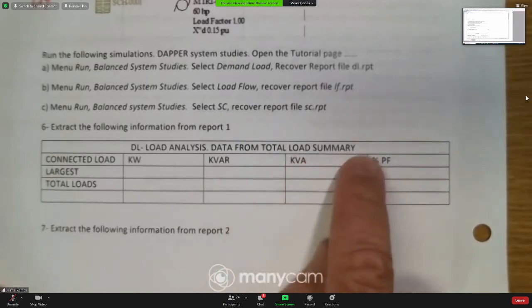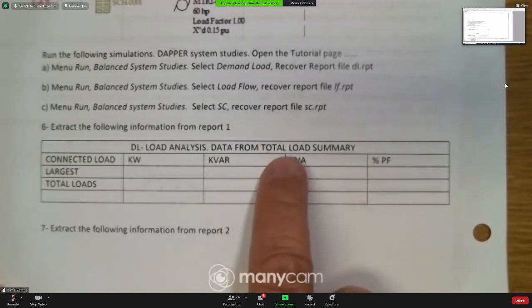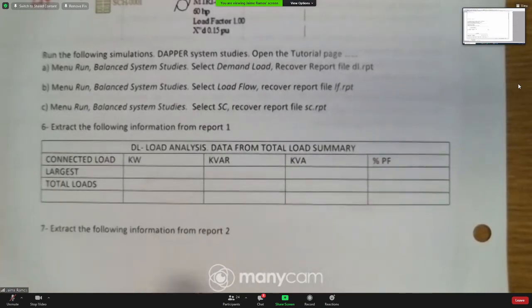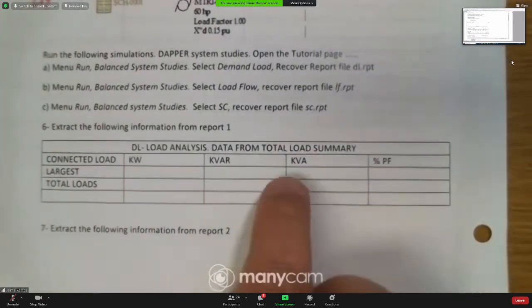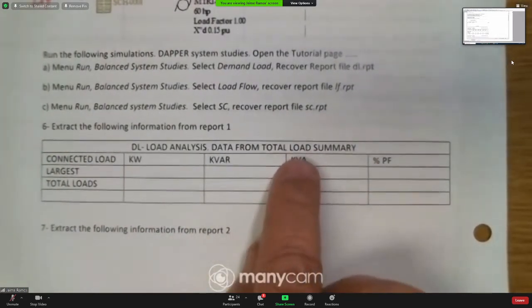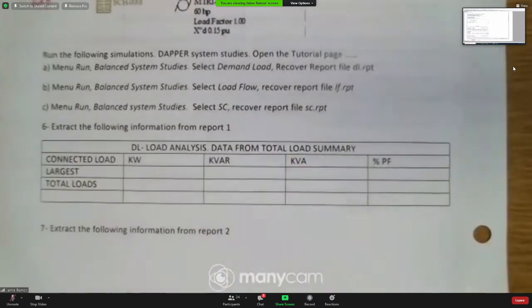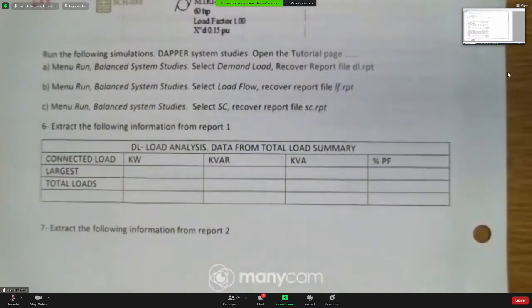So then read the heading of the table, and then find this heading on the report. So here is load summary, but I need total report load summary. So that's not it.